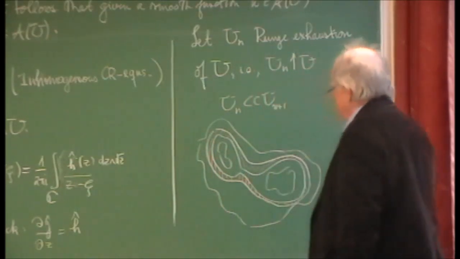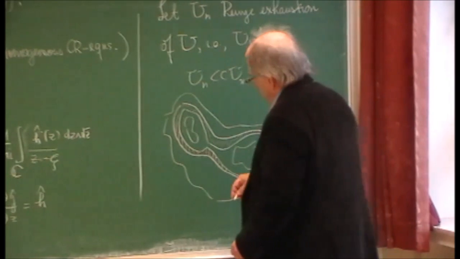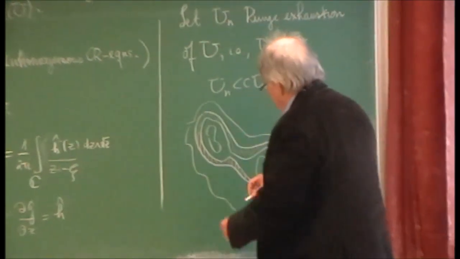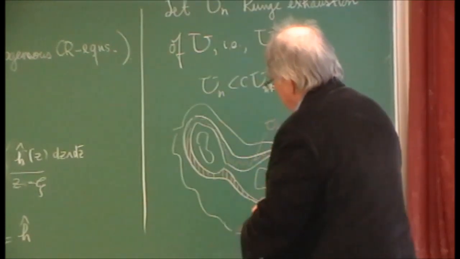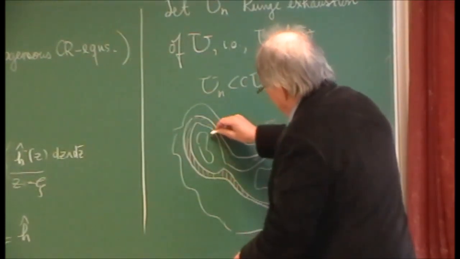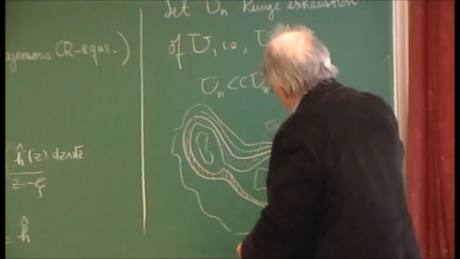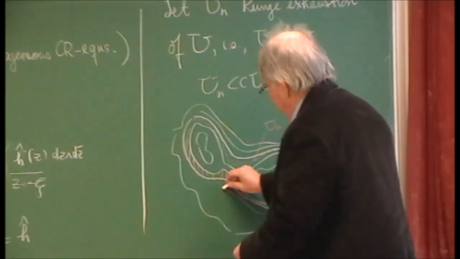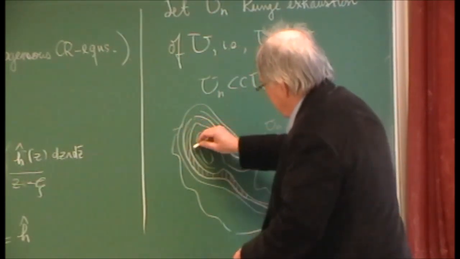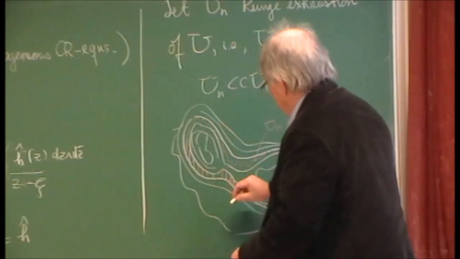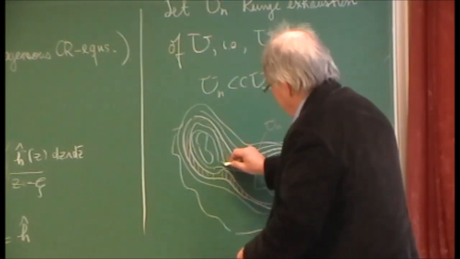Some set that's going out there. And the set that's bigger is UN plus 1. So UN plus 1 should be bigger than this, all compact, something like this.